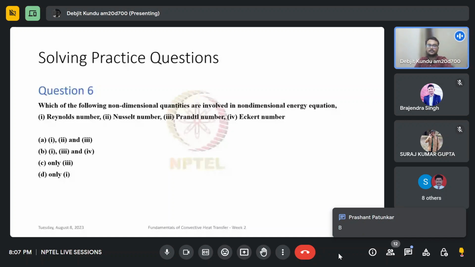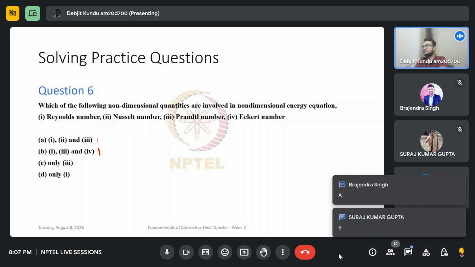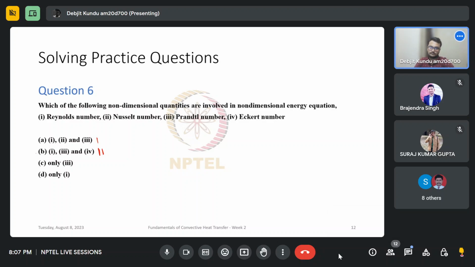Okay, we have one answer in favor of option B. It says 1, 3 and 4. That is Reynolds number, Prandtl number and Eckert number. We have another response in favor of option A, another one in favor of option B. Let's see what others have to say.